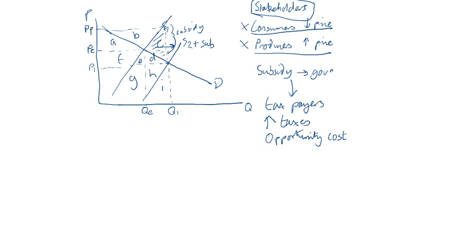This is a welfare loss to society because the government's paying money, but no one is benefiting from it at all. And this may be down to the fact that some suppliers who are now producing would not ordinarily be producing because they're not efficient, but because they're getting all of this subsidy, they can make a profit out of it now.